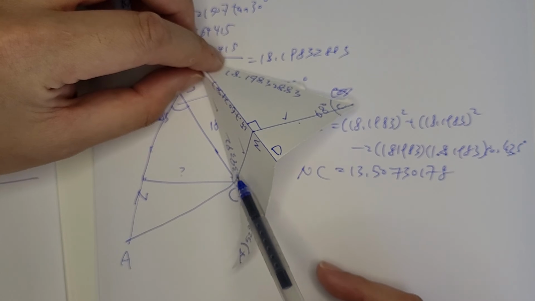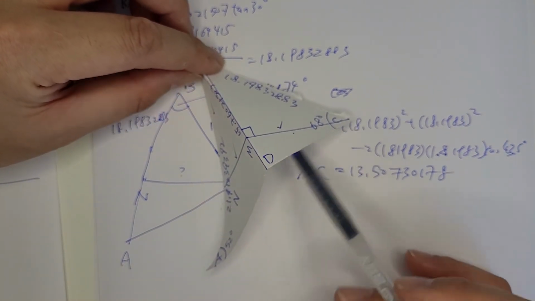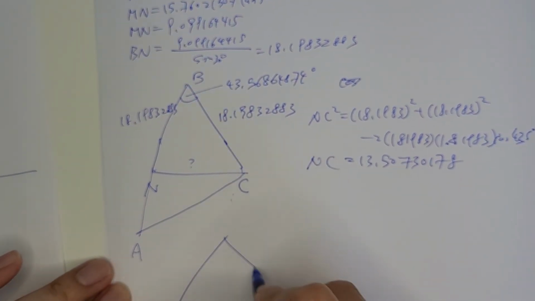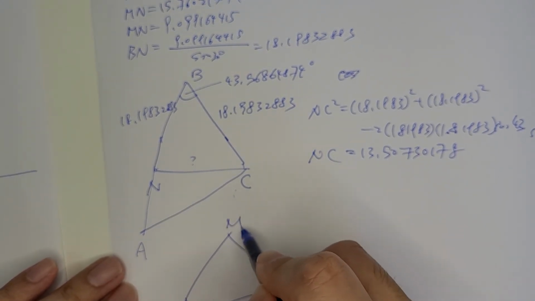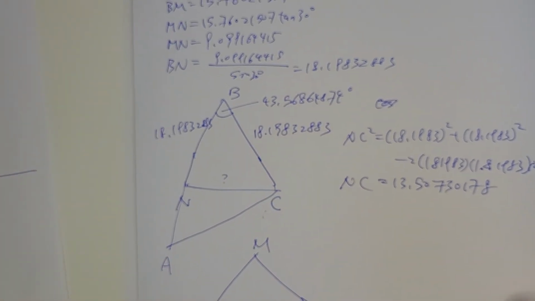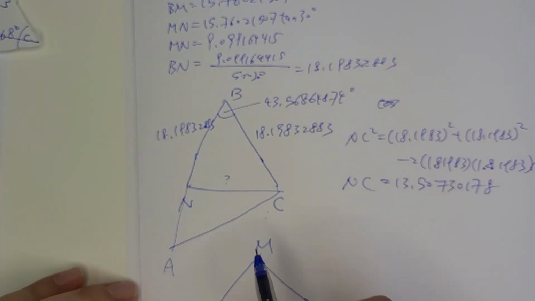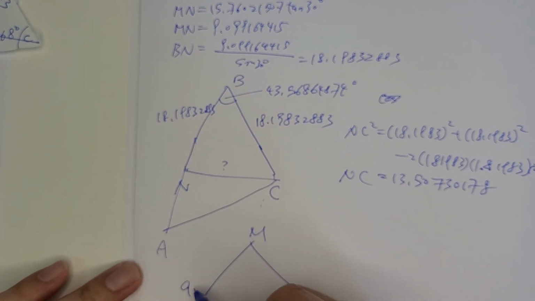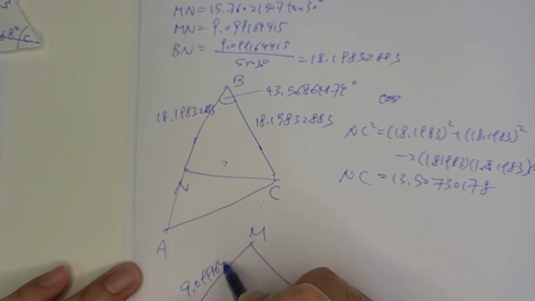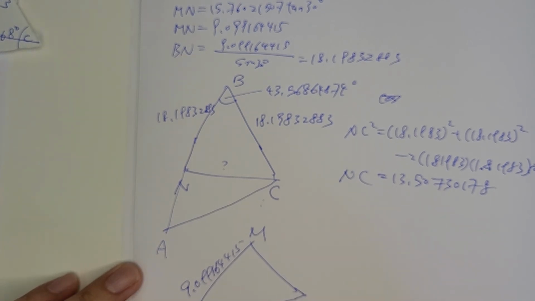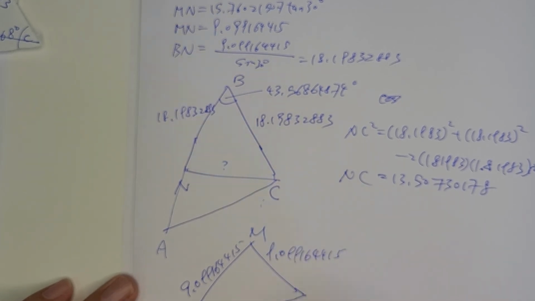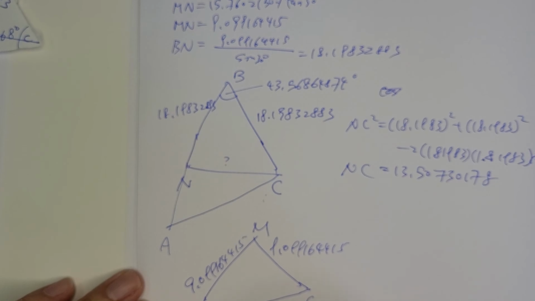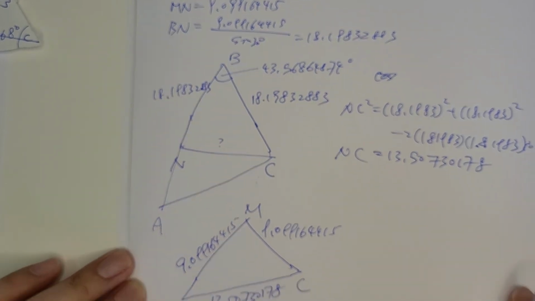Now you can consider the triangle MNC. In this triangle MNC, you found NM already, that is 9.099164415. You can find MC, 9.099164415, and then NC, 13.50730178.